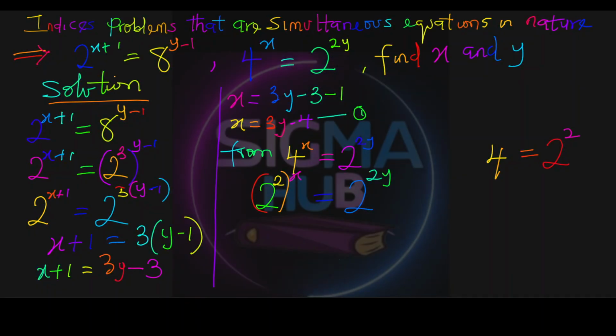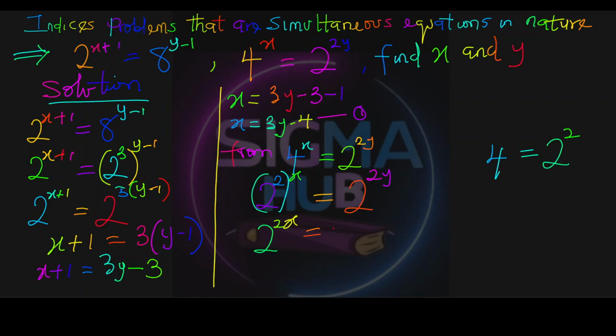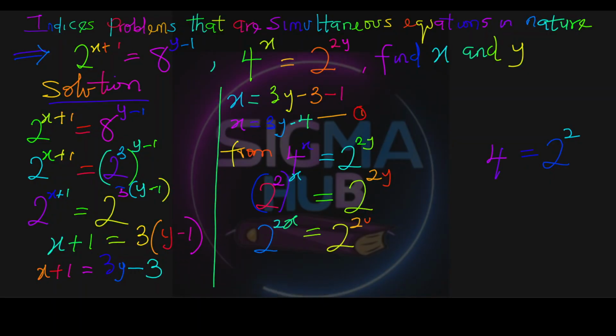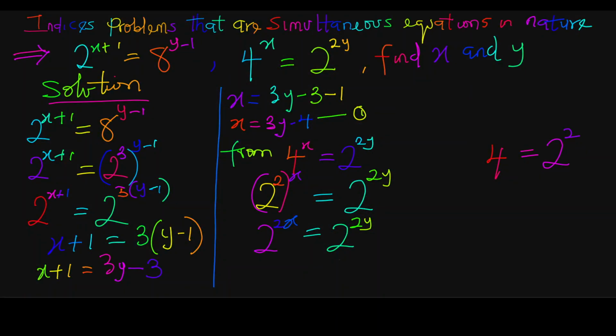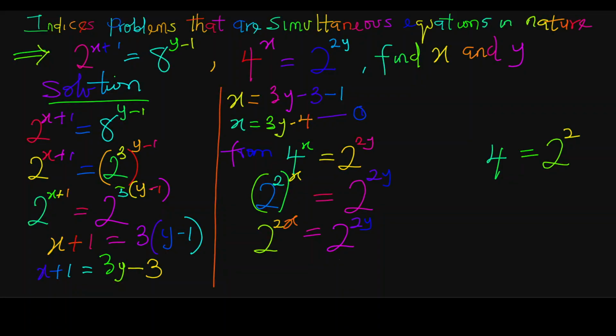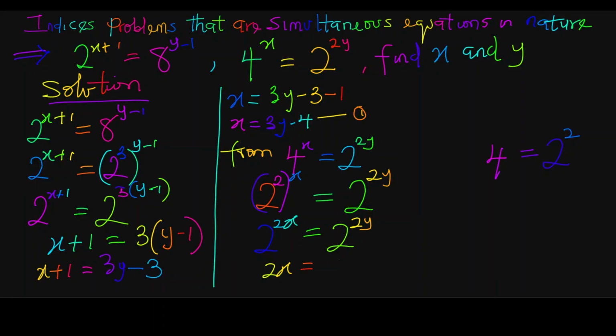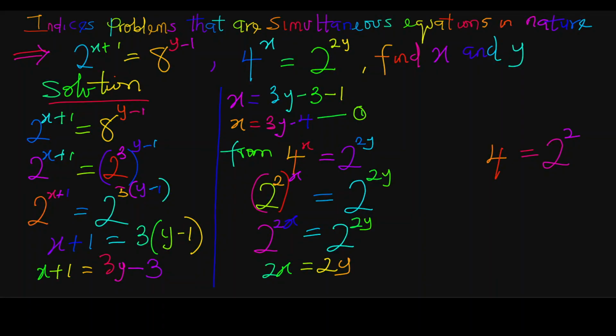So which is going to give me 2 raised to the power of 2x equal to 2 raised to the power of 2y. And as you can see, the bases are equal, so we equate the power. So we can say 2x is the same thing as 2y.